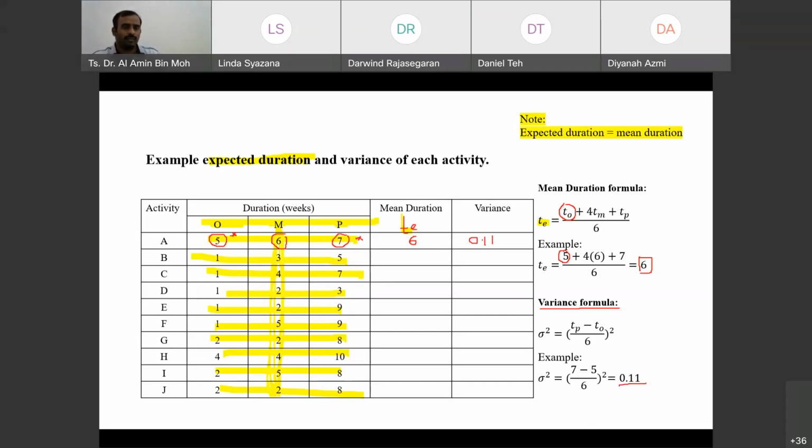Do you want to try B? Anyone want to let me know the answer? Anyone? I want all of you to calculate. Come on, this is easy. Okay. Johari said 4.33. Which one, 4.33? Mean.